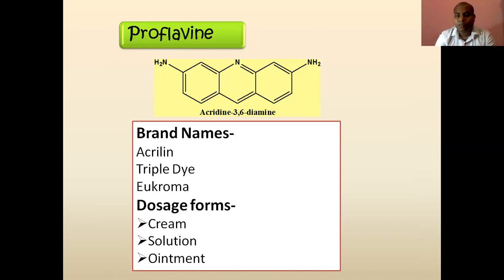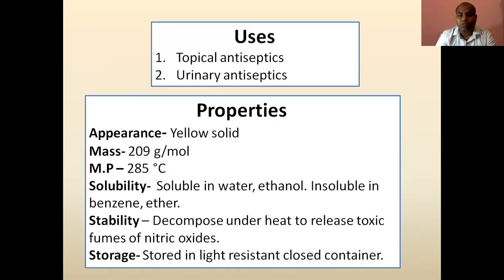Proflavin comes under the brand name Acriflavine, and the dosage forms available for proflavin are cream, solution, and ointment. For uses, they are useful as topical antiseptic as well as urinary antiseptic.